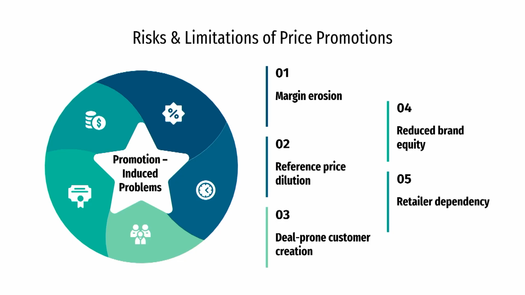Ultimately it will also result in retailer dependency. Rather than purchasing the product at the normal rate, the retailer will wait to purchase during the discount period, pile up more inventory during the discount period, and avoid purchasing during the normal period.